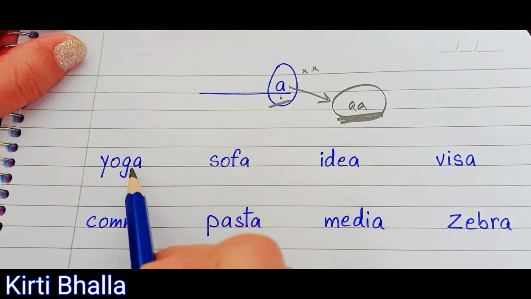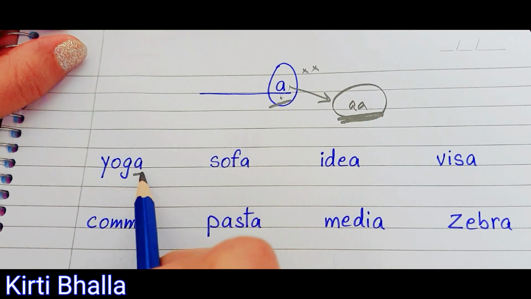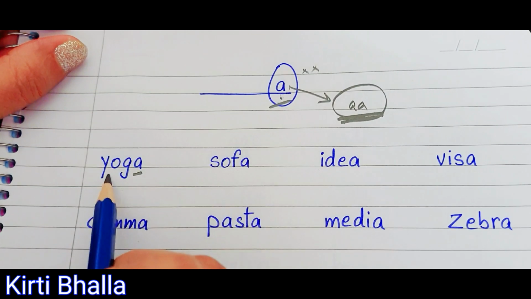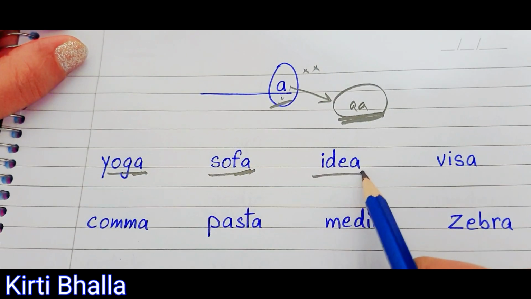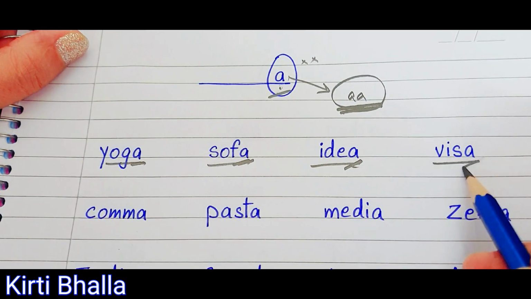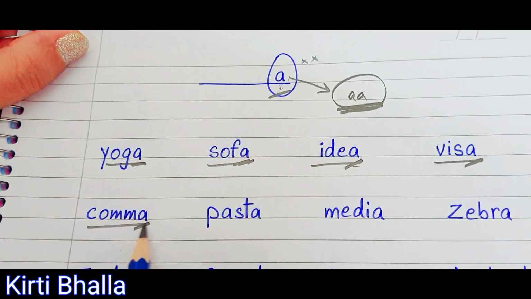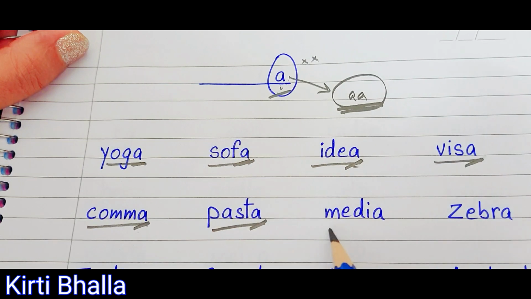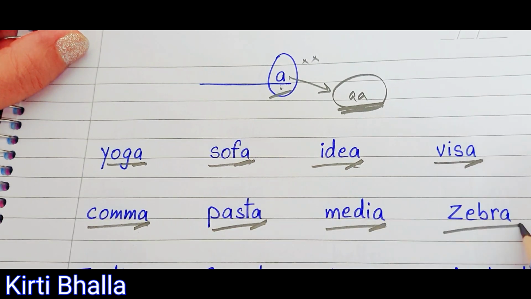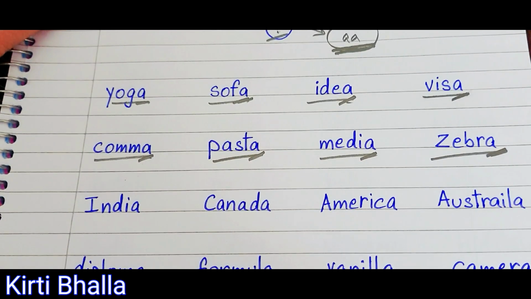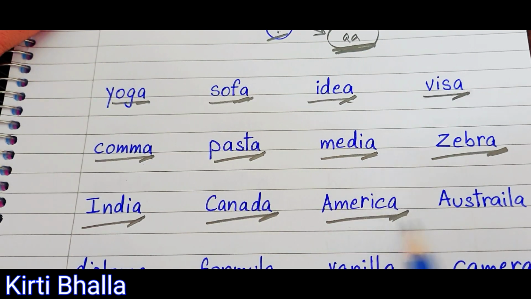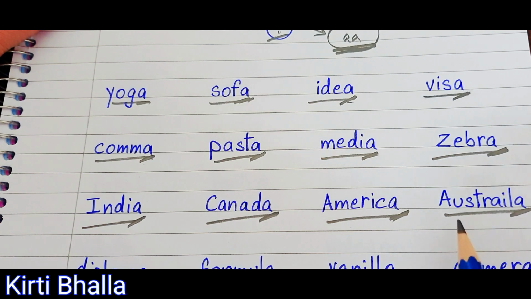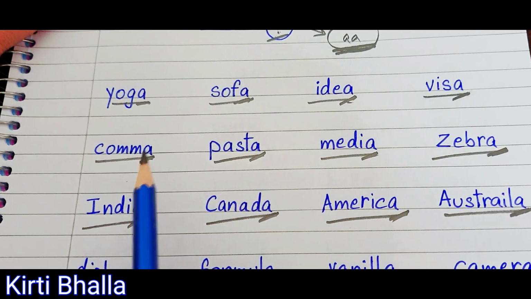Now I want you to pay attention to the sound of the last letter A. These words are yoga, sofa, idea, visa, comma, pasta, media, zebra, India, Canada, America, Australia. Can you make out the last ending A?